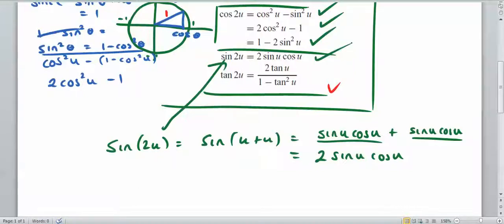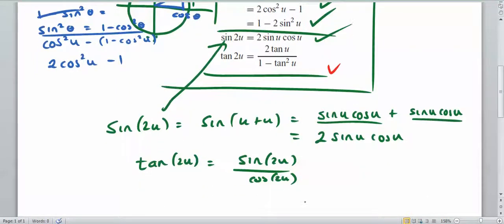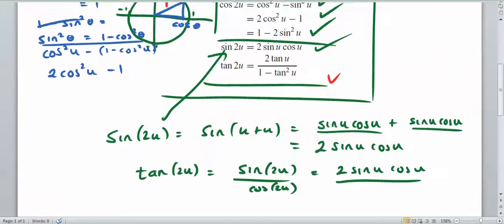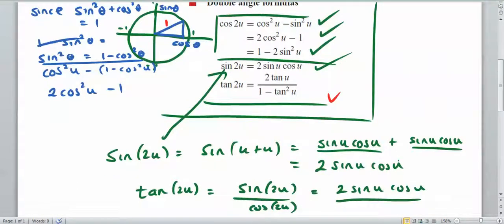Now with tan, what is tan of 2u? Tan of 2u is equal to the sine of 2u over the cos of 2u. So what is the sine of 2u? Well, the sine of 2u is 2 sine u cos u, and the cos of 2u is, well, let's look at, which one are we going to do?